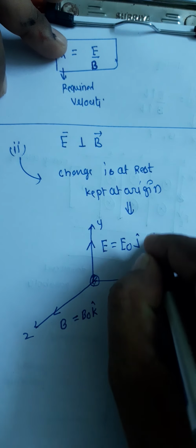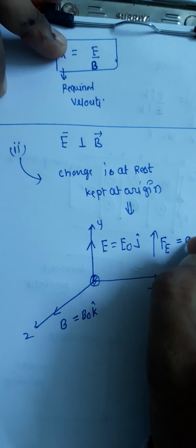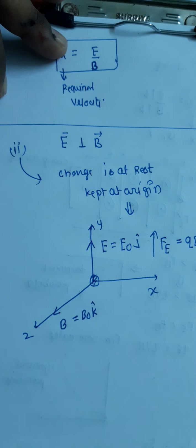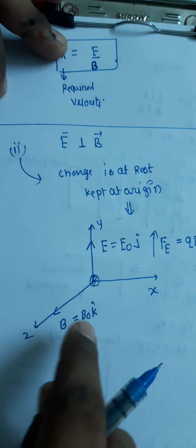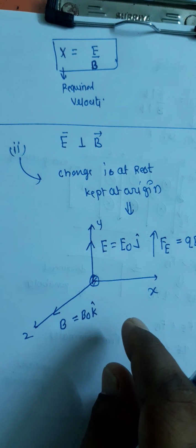So we can observe here the electric force Fe, which is nothing but Q into E. This is the net motion actually, along this. We have a magnetic field, but the magnetic field will not act at this point.